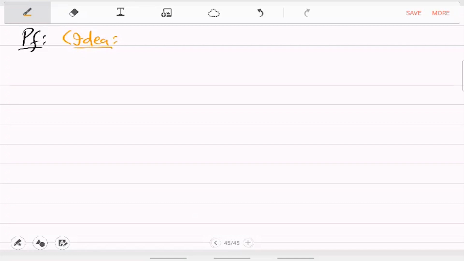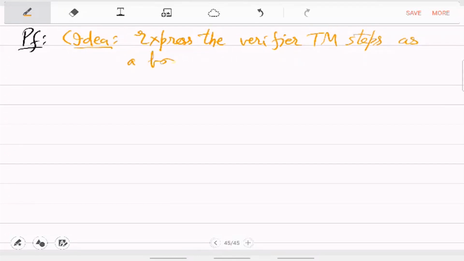The idea is to express the verifier algorithm, the verifier Turing machine steps, as a Boolean formula. Okay, so this will be a translation.